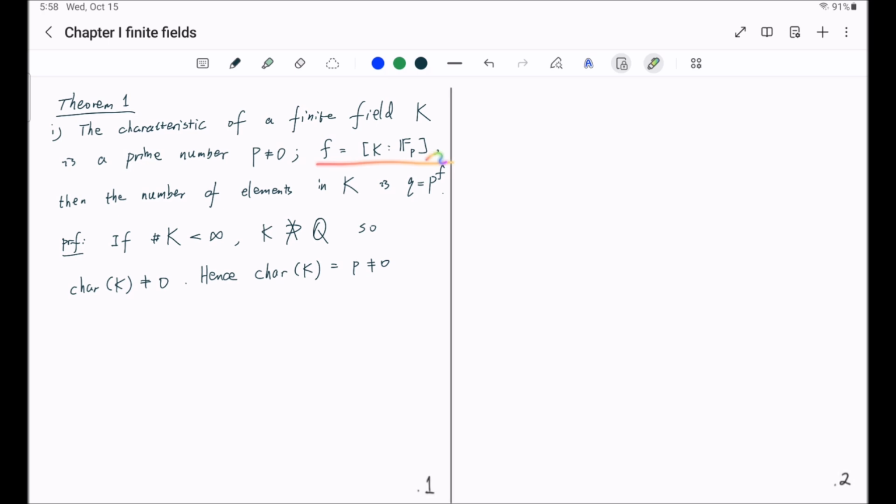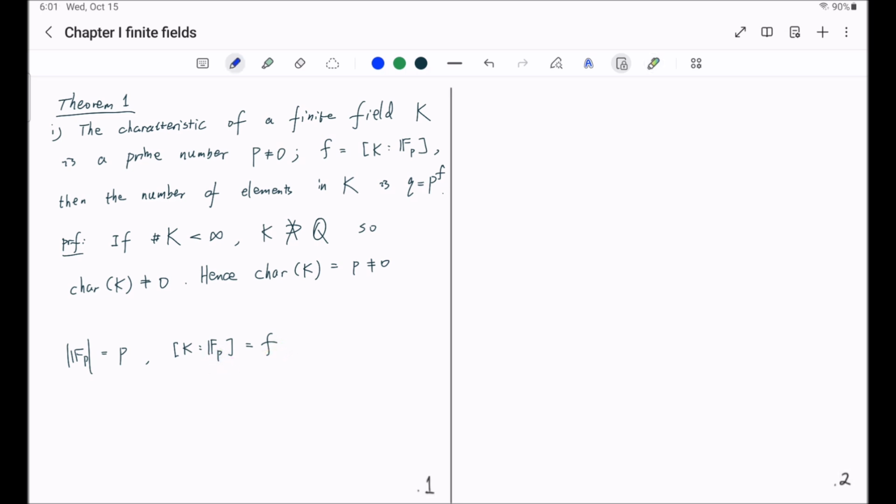And for the second part of the theorem, we only need to recall the definition for the extension degree. In this case, because F sub p denotes the finite field with p elements, and the extension degree is equal to f. By definition, this means K as a vector space over the field with p elements has dimension f.